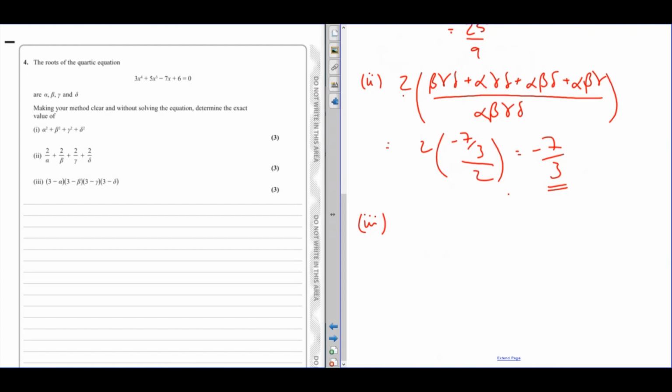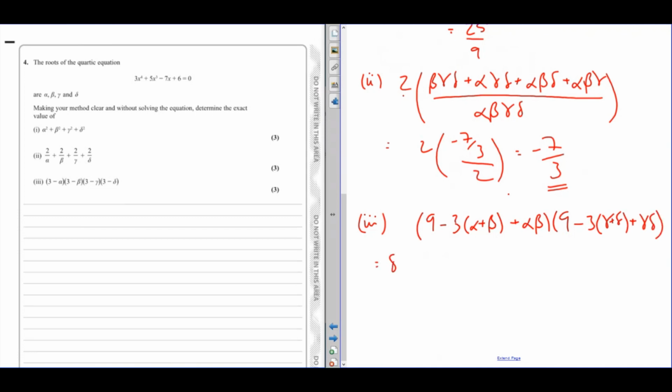So I'm going to expand out these pairs. I'll get 9 minus 3 times the sum of these, and then plus alpha beta, and the same for this other one, I'll get 9 minus 3 times the sum of those, plus the product.